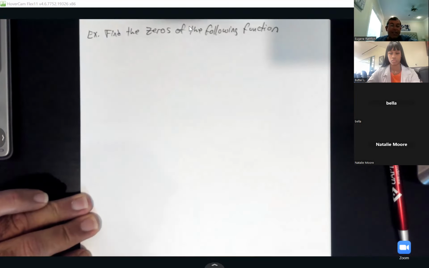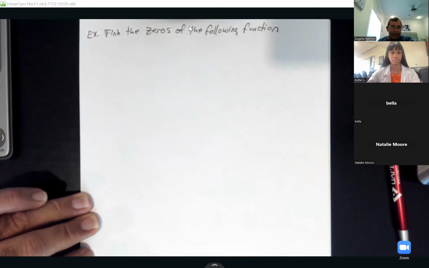It says simplify your answers, including any radicals. And then if we get complex numbers, I'll show y'all how to write them in terms of i, okay?